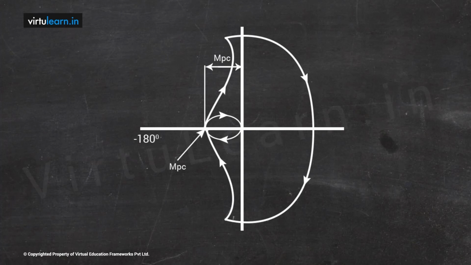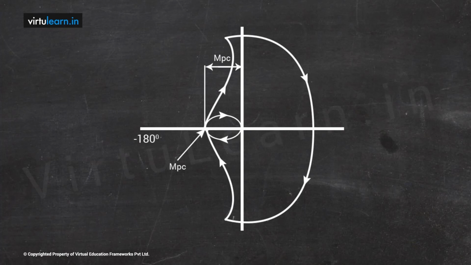Once you have the Nyquist plot, then you can find out the number of encirclements. To find the number of encirclements, look at where the critical point is. The critical point is minus 1 plus j0. So at minus 1 plus j0, you draw a line toward the left direction and see if there are any intersections of your Nyquist plot with the line which you are drawing from minus 1 plus j0 towards the left.